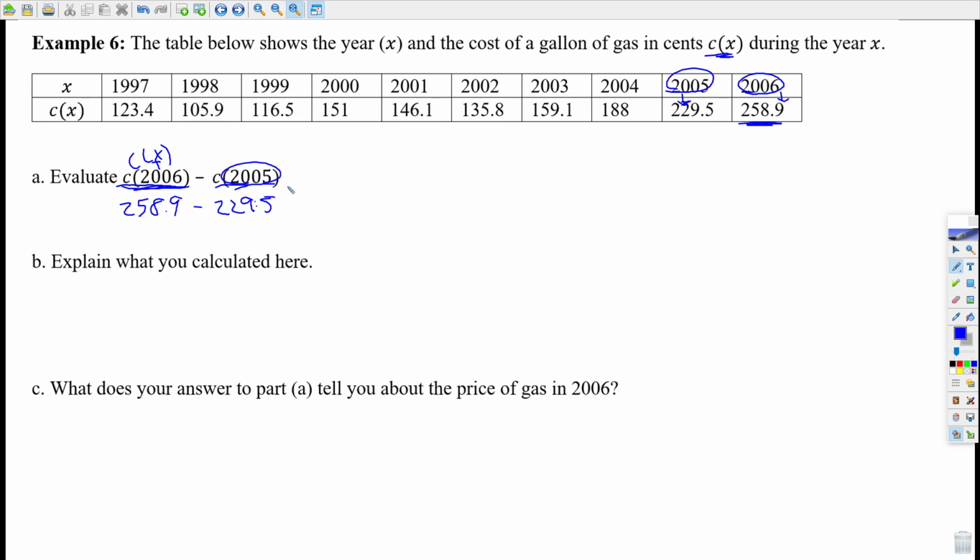And then you take your calculator and you just subtract them. So go ahead and do that. When you subtract them, you get 29.4. And this, as a unit, would be cents.